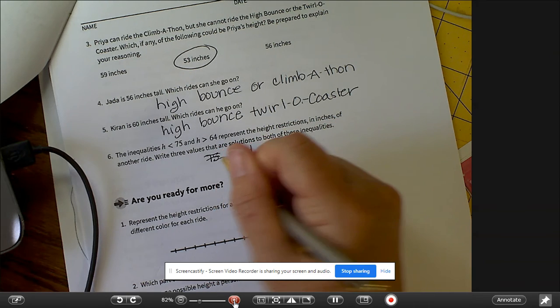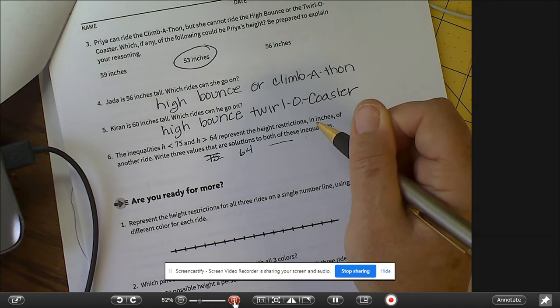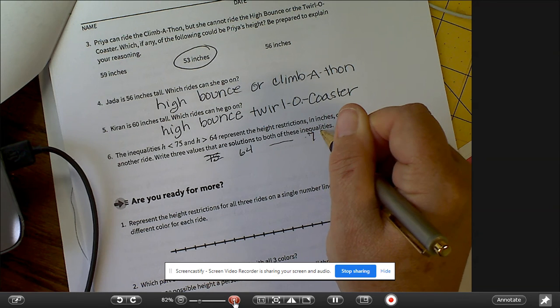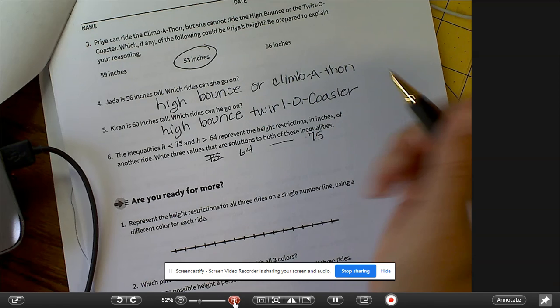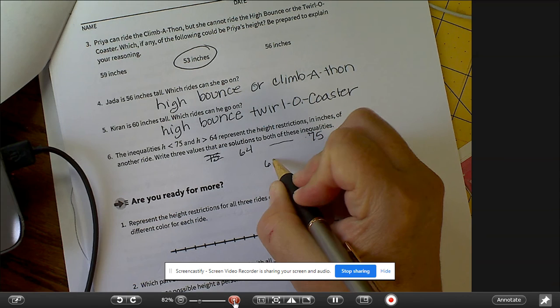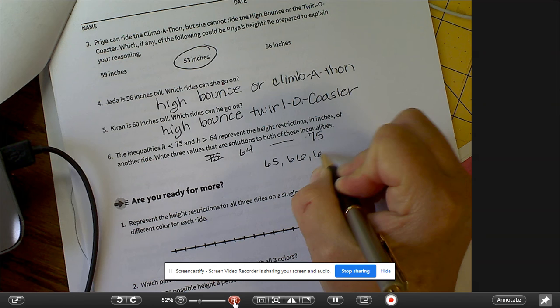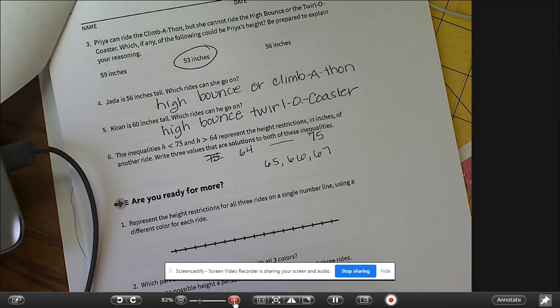Let's write it this way. You have to be less than 75 and greater than 64. So it could be anything in between. So 65, 66, 67, or any numbers in between those two.